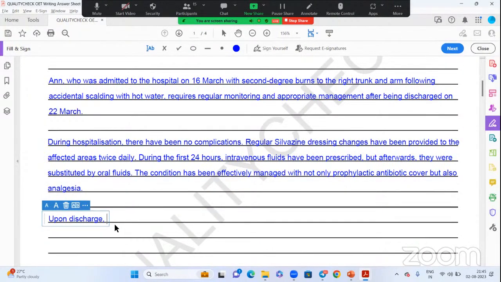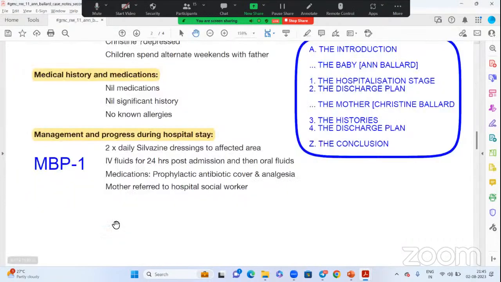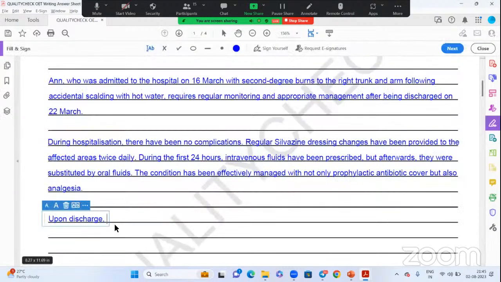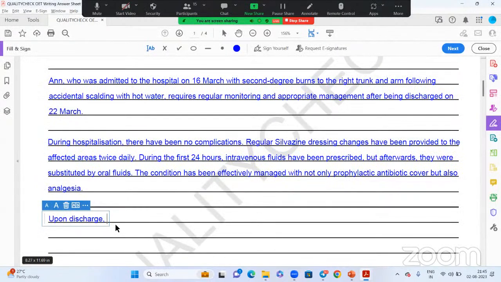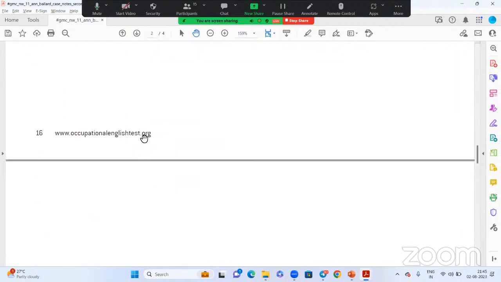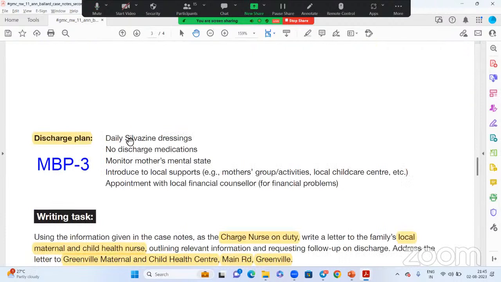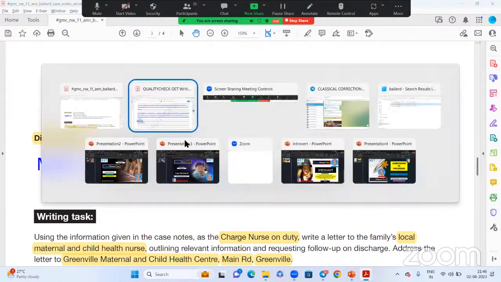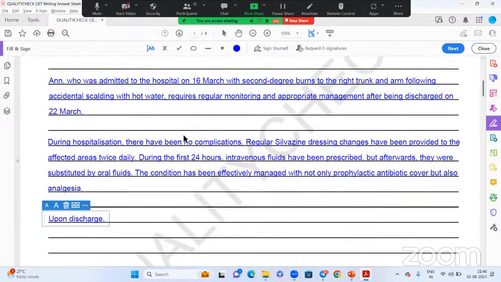Now, what is needed here? Upon discharge, what is needed? Go to the discharge plan. Daily silverine dressings. Take this point. Daily silverine dressings should be continued. Already started here.